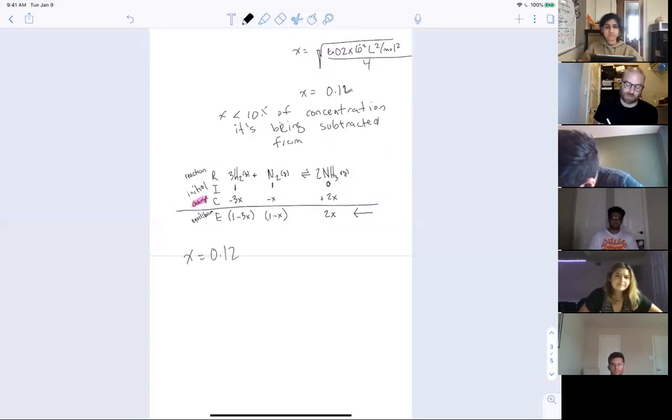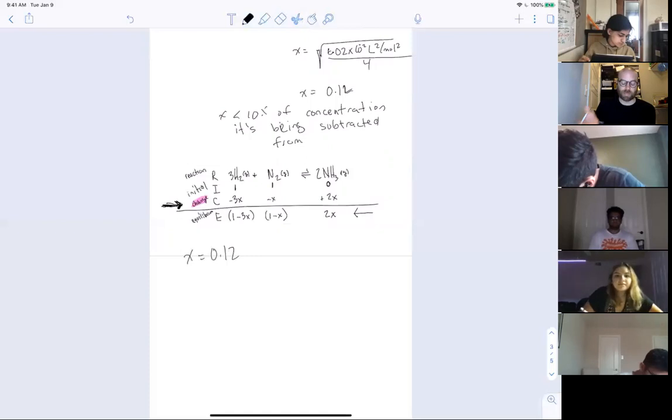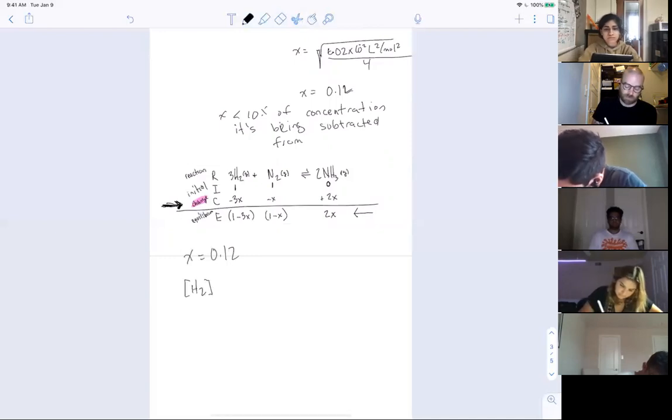x is the change. So we come back and say, oh, okay, right. I remember now. After punching through all this algebra, which is a pain, I remember what x was: it's just the change in the values of the original concentrations. And so I can figure out what H2 is equal to.